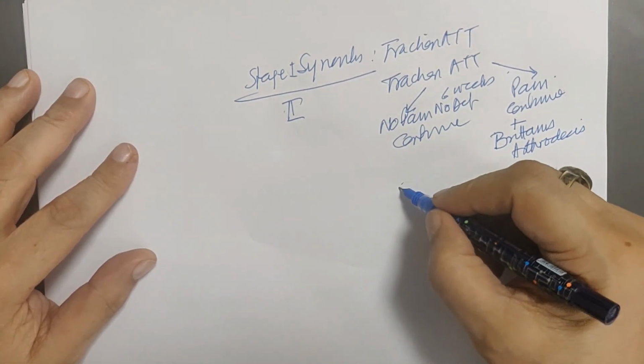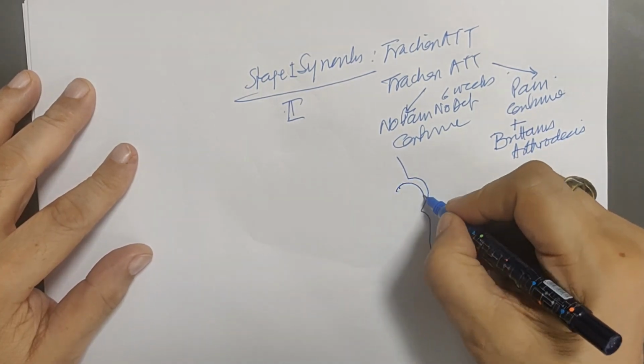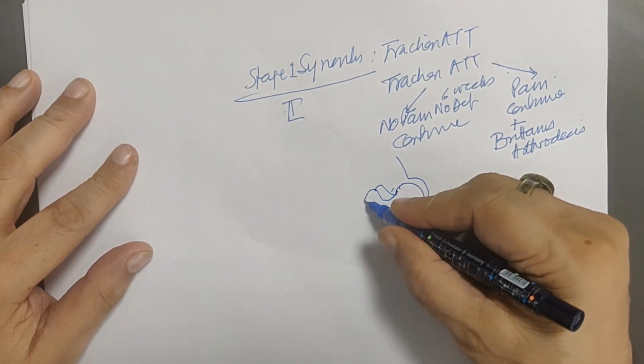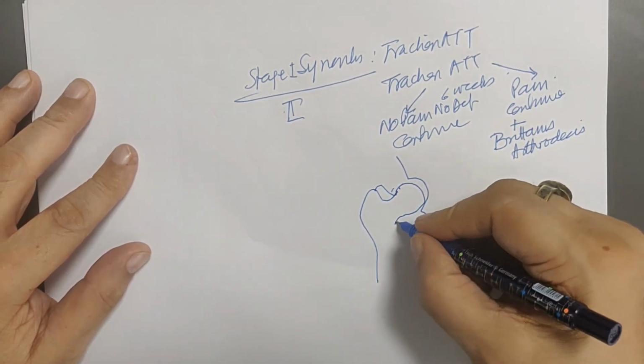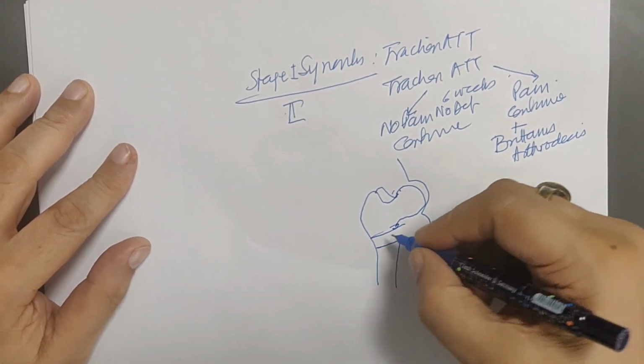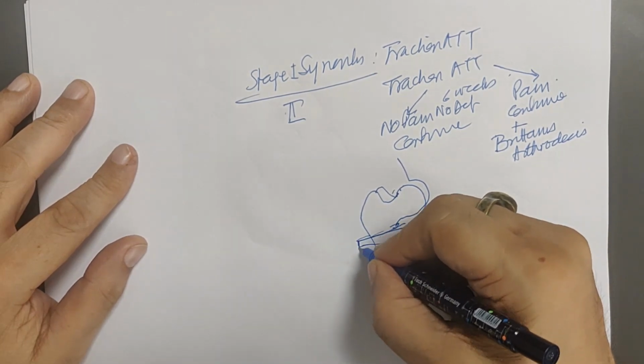Now, this Britton's arthrodesis is that if this is the ischial tuberosity in the spine, this is the neck and this is the trochanter, then you do an osteotomy here and you place a graft into the ischial tuberosity through the osteotomy.